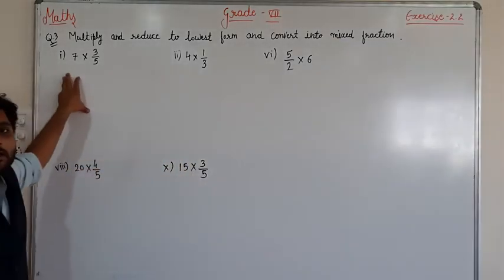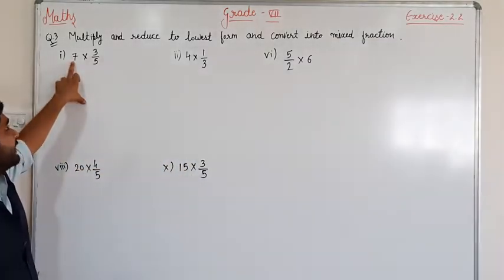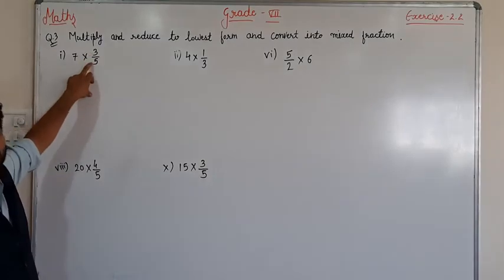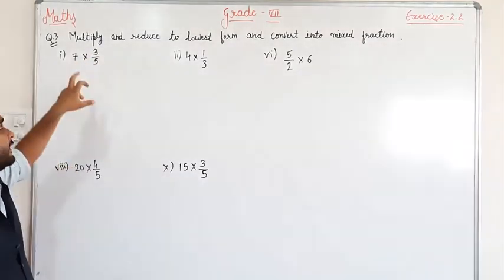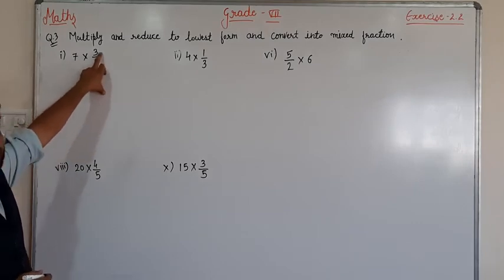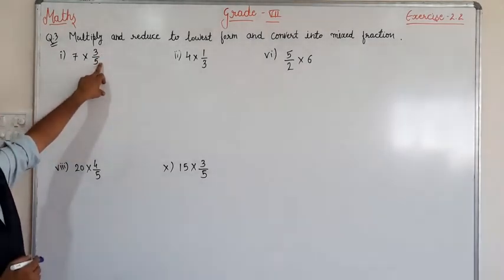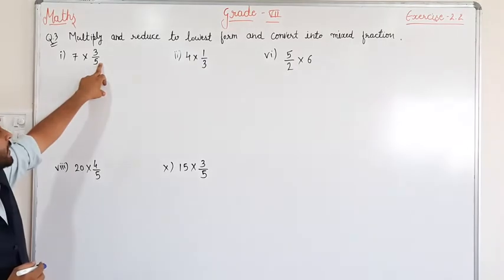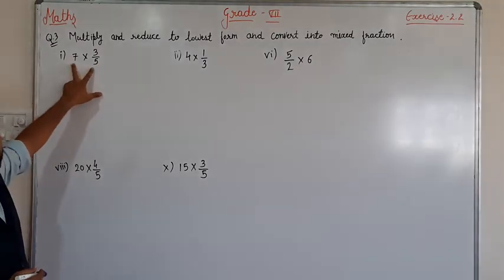First of all, our first sum: 7 multiplied by 3 upon 5. Friends, we know that 7 is a numerator, 3 is also a numerator, and here 5 is our denominator. Now 7 and 5, we cannot cut them.